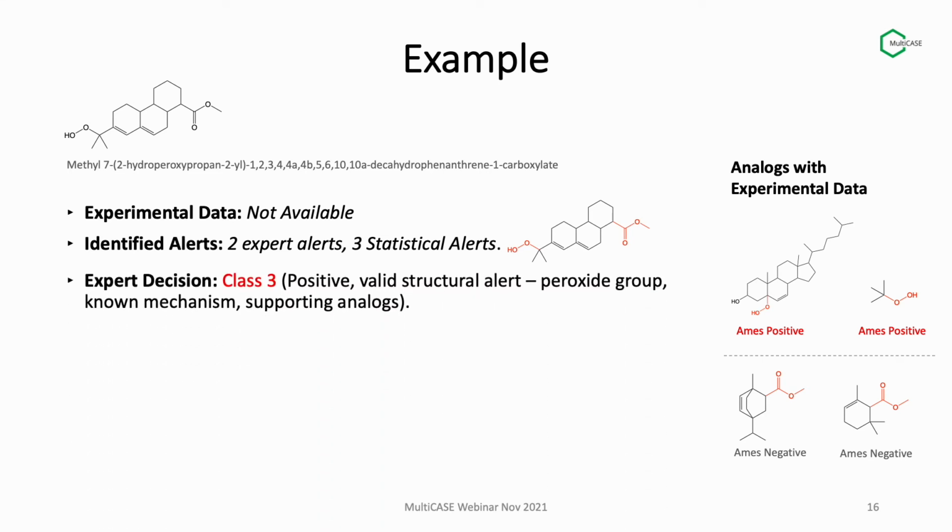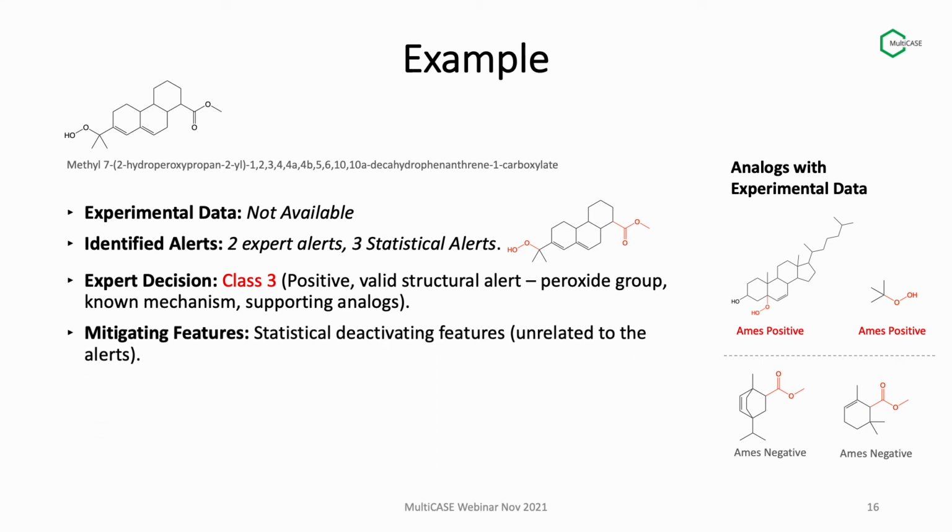So the expert decision is class 3, positive, based on a valid structural alert, which is the peroxide group. And since we got expert alerts, we know the mechanism, and it is further validated by using analogs from the database. So that's our expert decision, class 3.